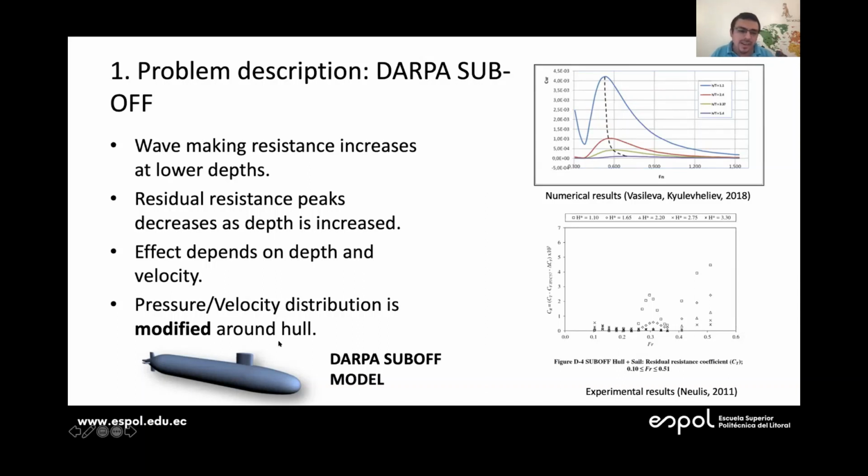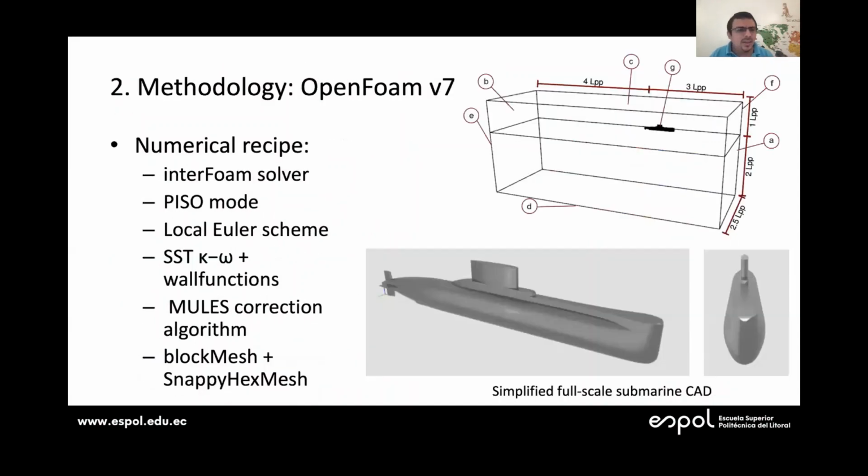The DARPA is a submarine that was developed by the US government in order to provide data for the CFD specialists for their validation, to understand the flow around a submarine that doesn't have any military use. So all the information about this submarine is open source. I think that it is quite easy to get if you are not in Ecuador, of course.